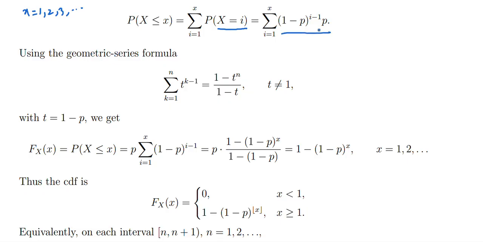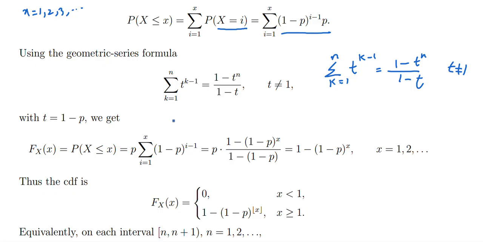So this would be this. Using the geometric series formula, I just want to write for my understanding: the sum for k equals 1 to n of t to the power k minus 1 equals (1 minus t to the power n) divided by (1 minus t), where t is not 1.